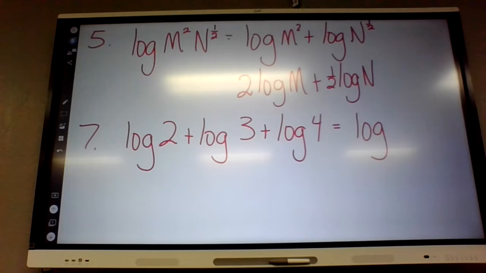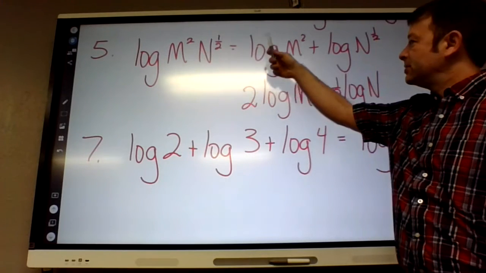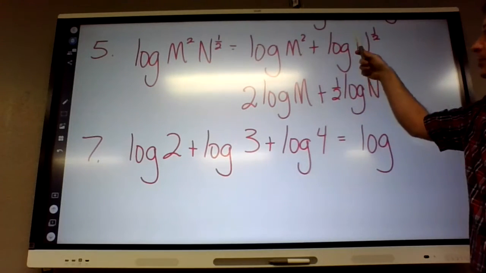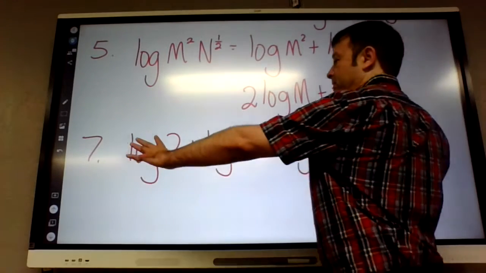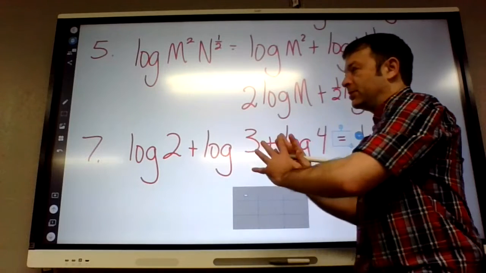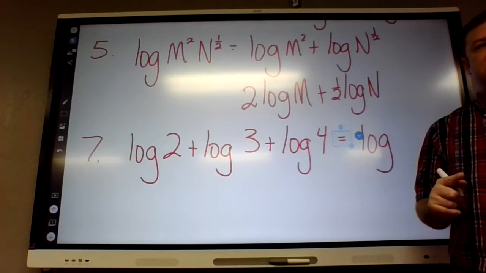No, can't add them. So up here, we were doing m times n, and they spread out to log of m plus log of n. So if you want to go the opposite direction and put them back together, they turn back into times. Does that make sense?